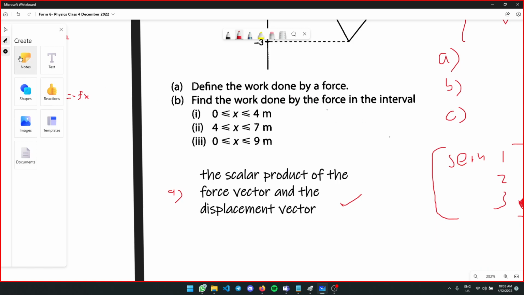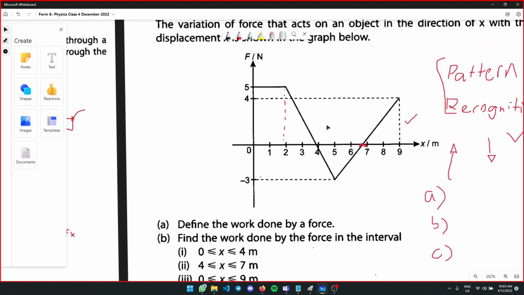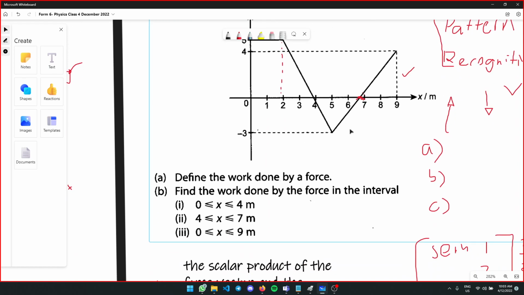Work done by the force in the interval. This is quite easy. Let's find from here to here, here to here, and here to here. This part will be negative, 4 to 7 will be negative, and this will be positive.